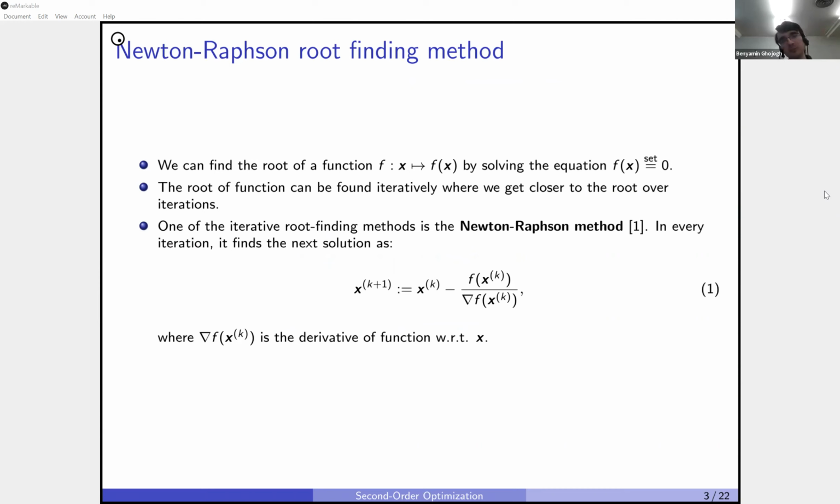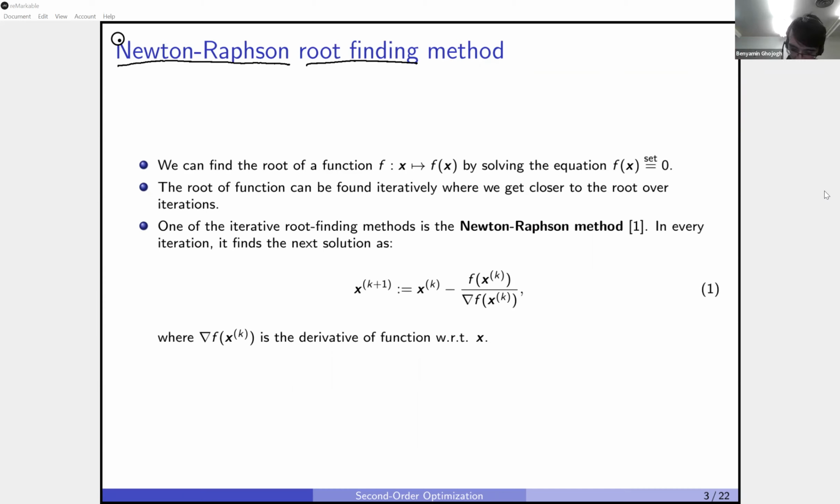To talk about Newton's method, we need to first talk about the Newton-Raphson root finding method. You might have learned the Newton-Raphson method in your numerical analysis course. When you have a function, which might be complicated, you set it to 0 and want to find its roots.